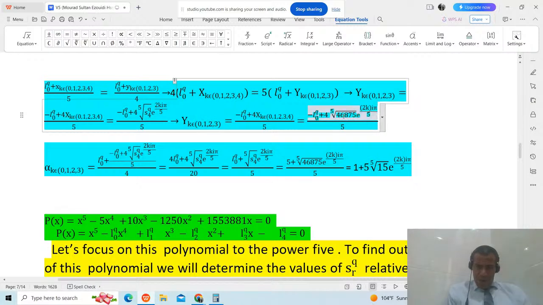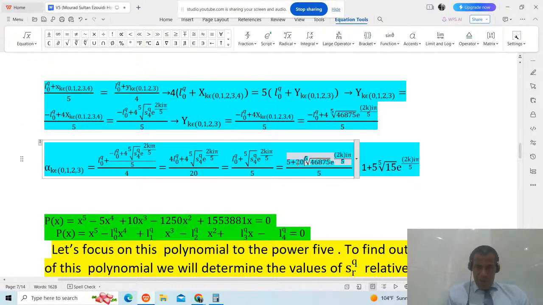Learners, we told that this is 5 raised to the power 5 times 15. So I will just write here 5 times 4 is 20. Then this is 15, 15 only.